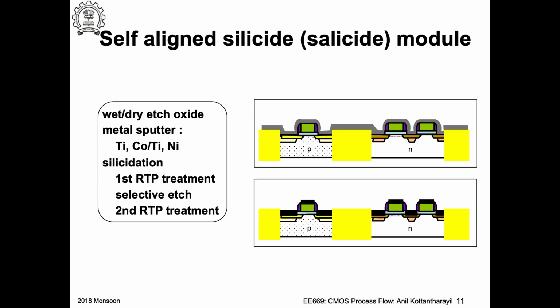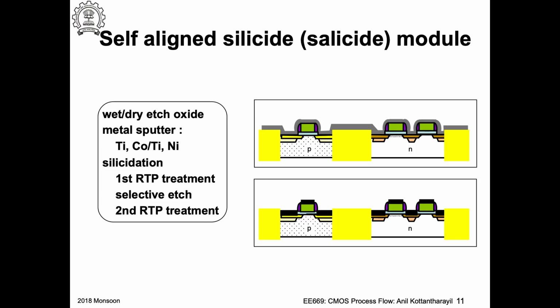Okay, and then you're going to deposit one of these metals: titanium, cobalt, a cobalt titanium mixture, or cobalt itself, or nickel. More recent technologies use nickel, and then you're going to do a silicidation process.